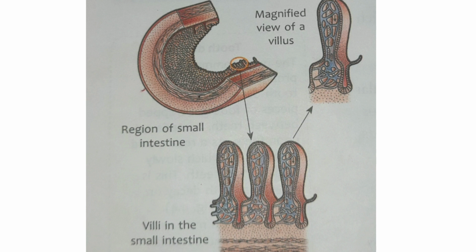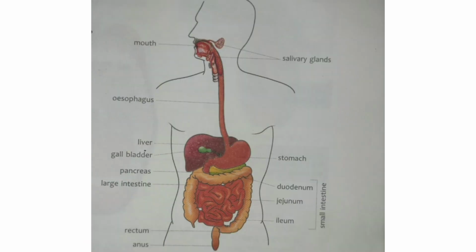The remaining parts are the large intestine, rectum and anus. In this picture you can see those parts very clearly. The small intestine leads to the large intestine, which has a wider diameter but is shorter in length. It also has three parts: the cecum is the anterior part, the colon is the next broader part, and the rectum is the lowermost part.